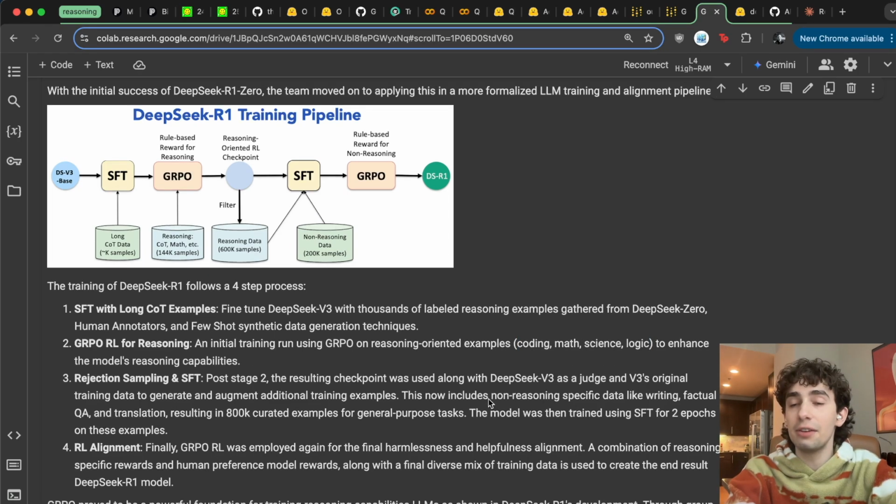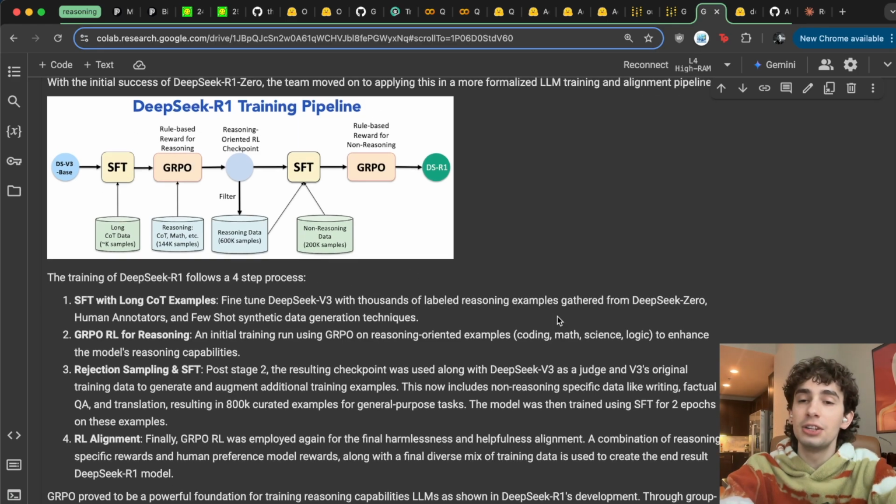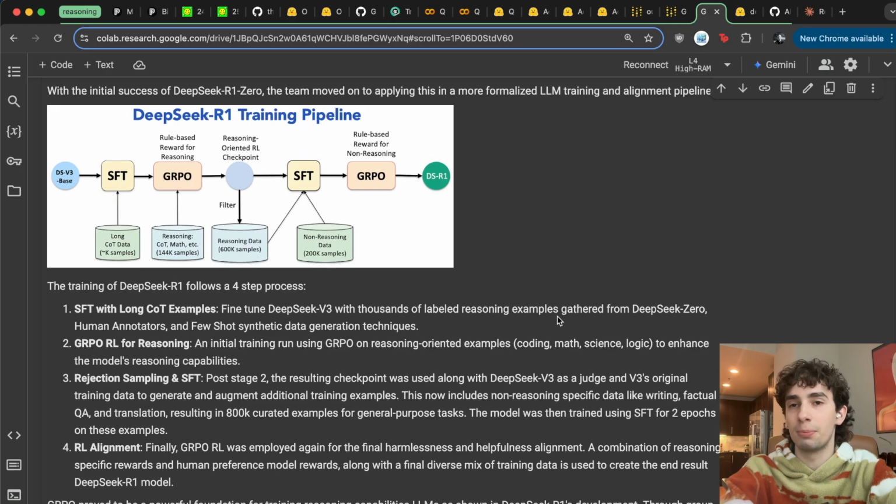So now that they have a general reasoning model to start, the issue that they had is that we want to generalize this reasoning behavior on non-reasoning specific data. Things like writing, roleplay, factual question and answering, translation, and whatnot. So they use the existing checkpoint that has undergone the fine-tuning and GRPO fine-tuning to create some curated examples for general purpose reasoning tasks.